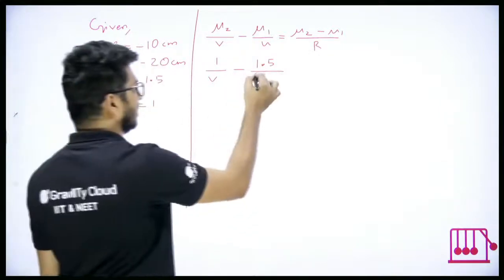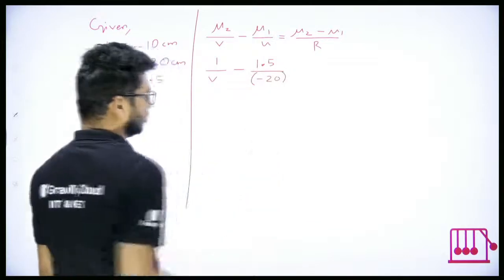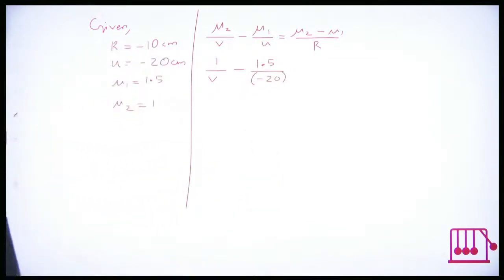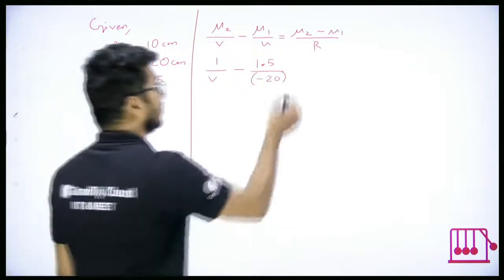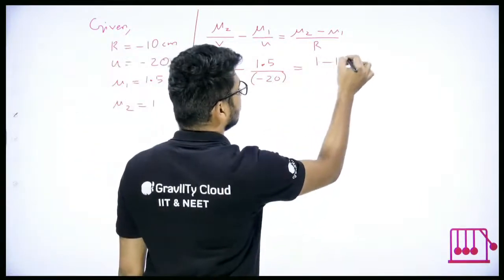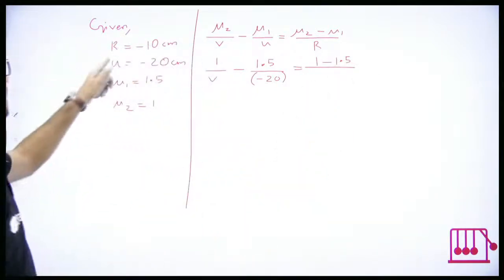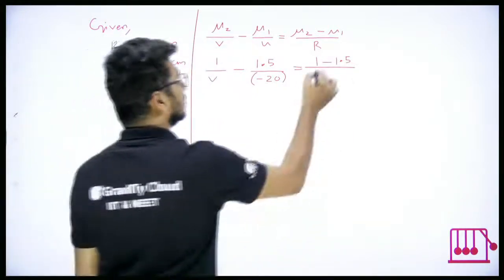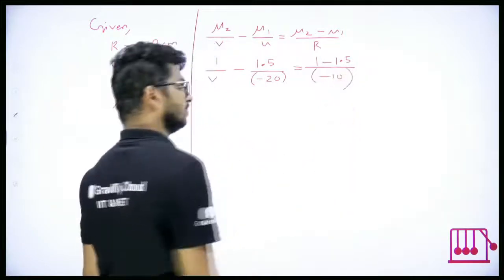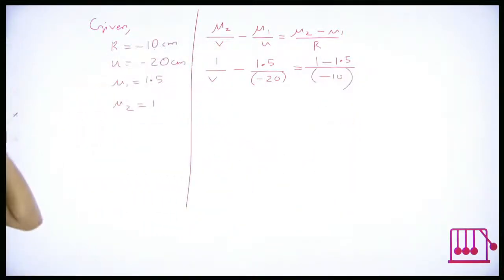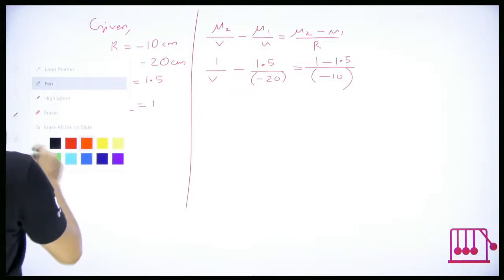U is minus 20, so with brackets minus 20 is equal to mu2 minus mu1, 1 minus 1.5, upon R. R is what? Minus 10. Got it?